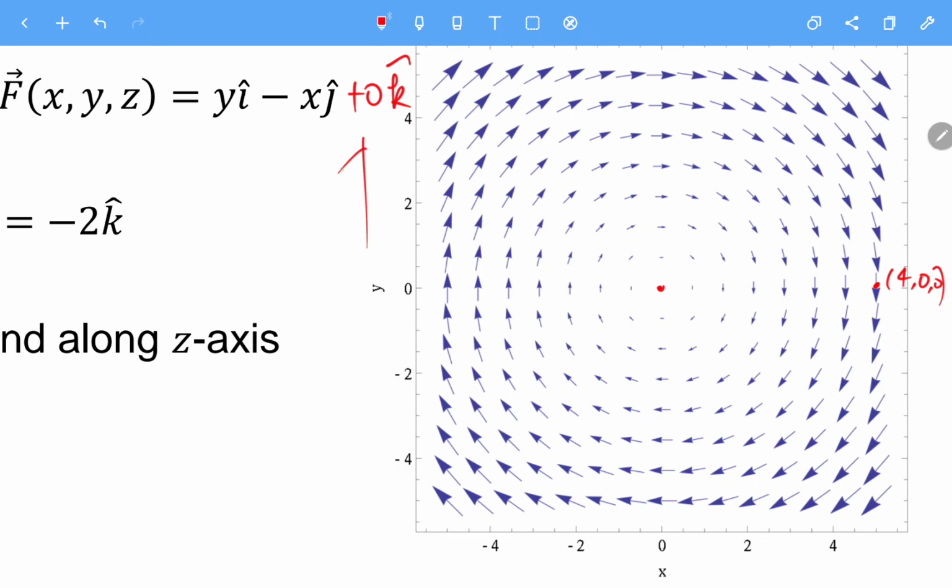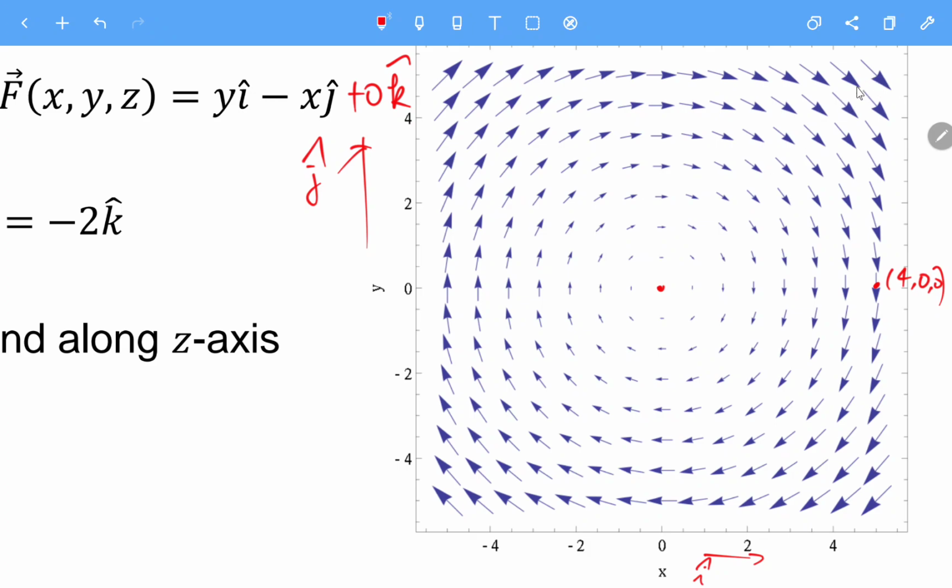This is the j direction, and this is the i hat direction. So this is a negative 4j, so we have a long vector pointing downward. You just plug all the numbers into this expression, and then you will be able to draw it out.